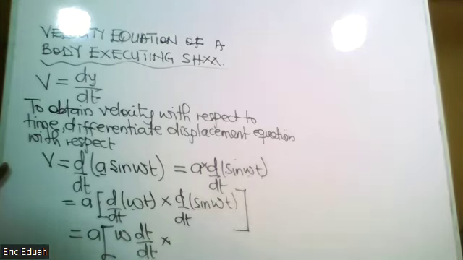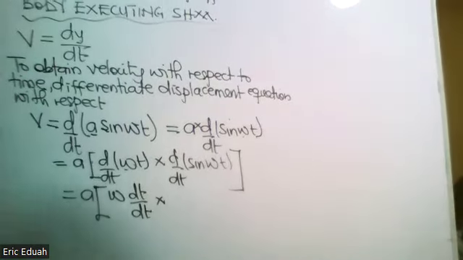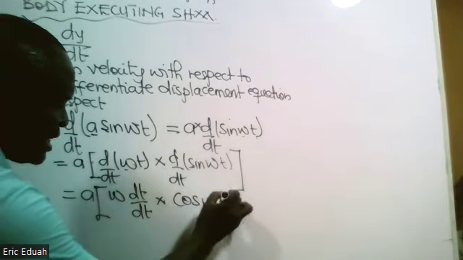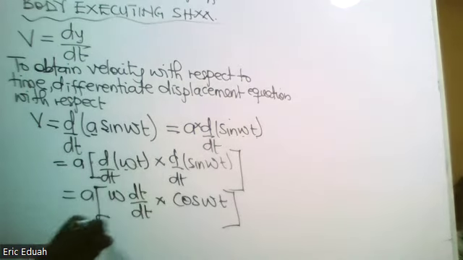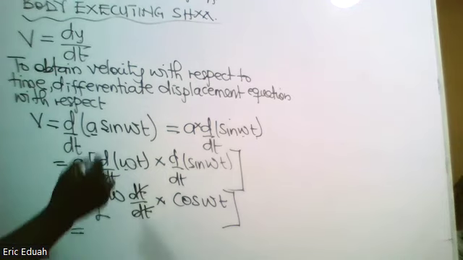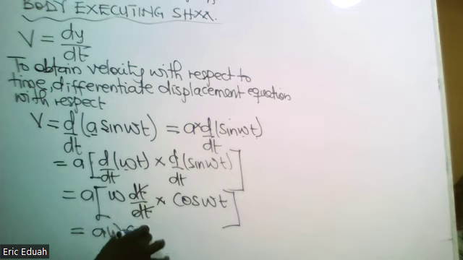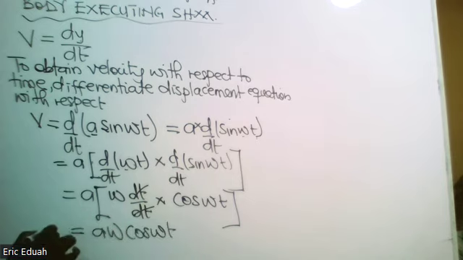When you differentiate sine omega t, it is equal to cos omega t. And so the dt over dt cancels out, meaning the differential of what I have here will be equal to A omega cos omega t.